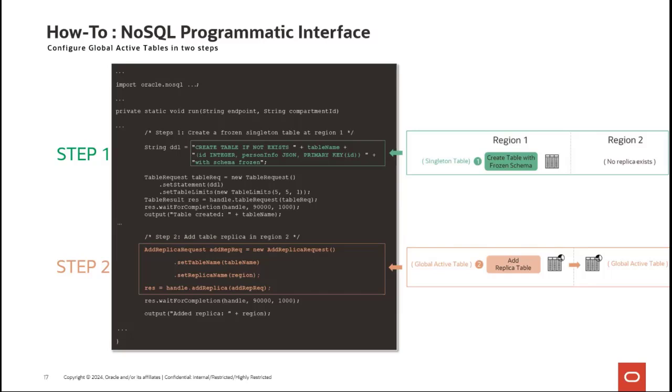So one question that may be coming up is, why do we have this schema frozen? Let me go ahead and address that. What happens if in region 1 I change my schema? Now I have a bunch of rows that I've added in region 2. And my plan is to change the schema in region 2, but somehow these new records got inserted into region 1 before I could get around to changing the schema in region 2.